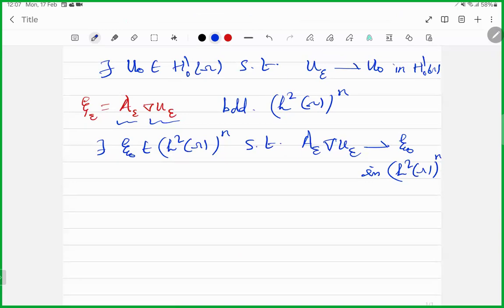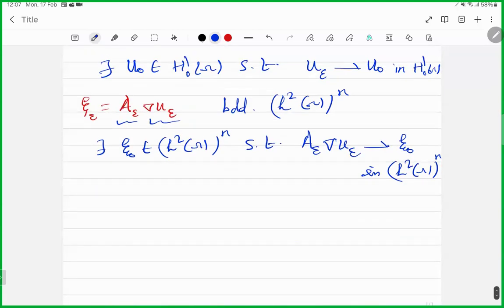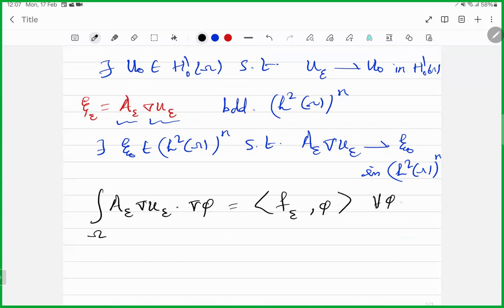So now if you use the variational formulation of star and then pass to the limit, in other words, you have the integral of A epsilon grad u epsilon times grad phi in omega equal to F epsilon phi for all phi in H^1_0. This is the weak formulation of the star problem, so we can pass to the limit here.